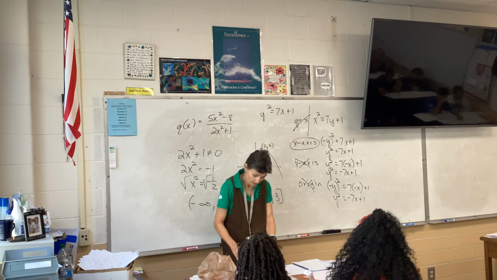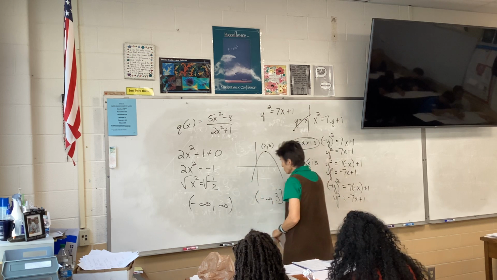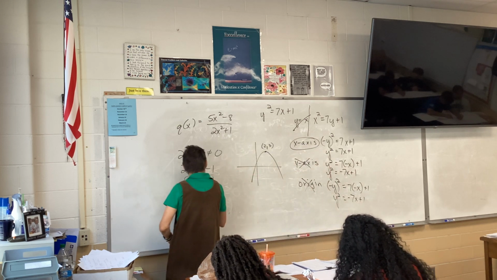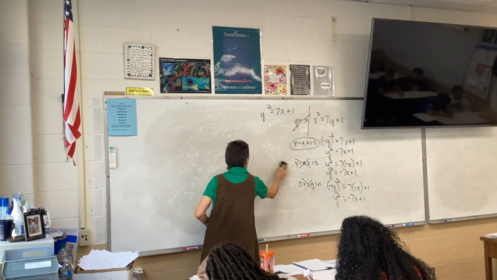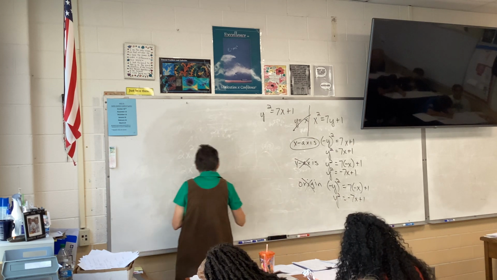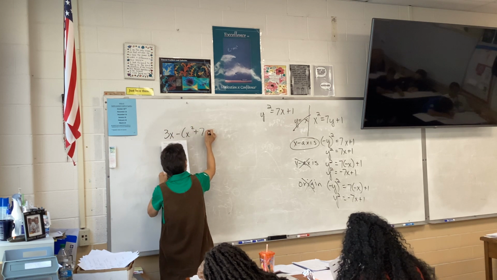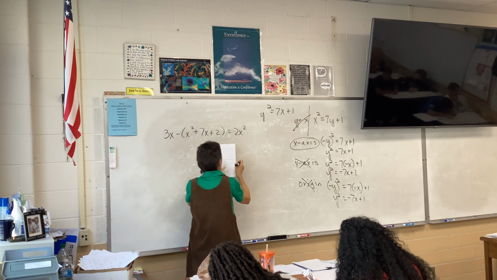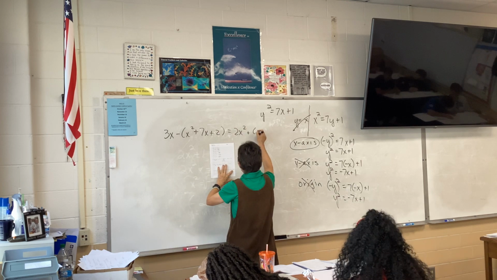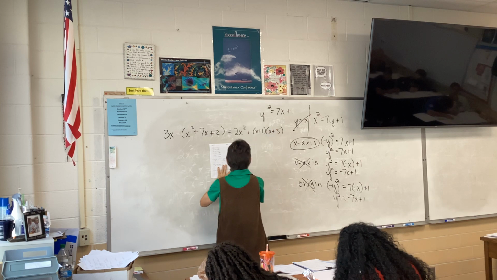Just a little vocabulary. Finally, solve algebraically. Algebraically means we're not graphing it on our calculator. We are solving it the good old-fashioned way. So what do you suggest we do here? Oops, I can't read the end. Can anybody read the end there? x plus 1. I'm going to say x plus 5.